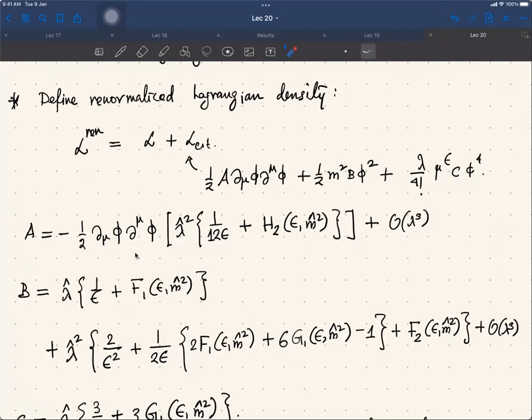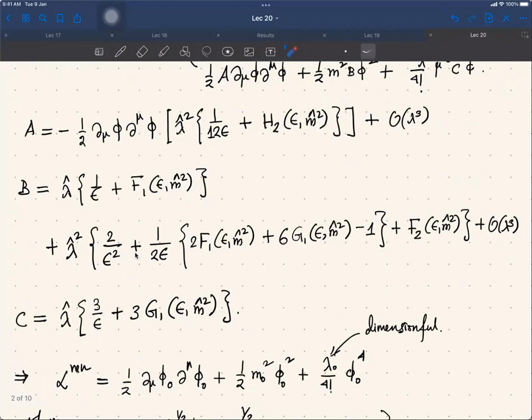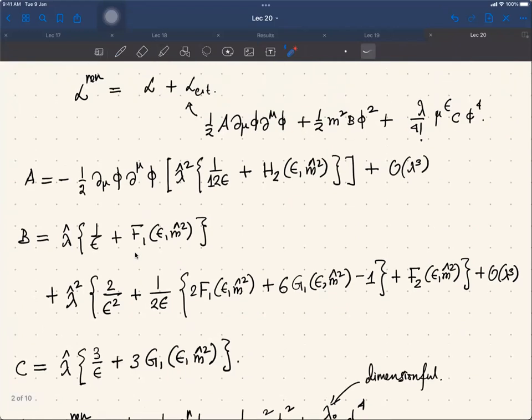This is one feature, that there is a scale, and that the scale is arbitrary. The other feature is arbitrary finite quantities that are introduced through the counter terms, the set of finite ambiguities. So there are two arbitrary things involved: one is mu, and the other is a set of finite ambiguities in the counter terms.